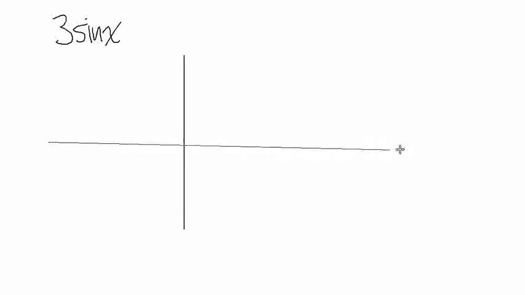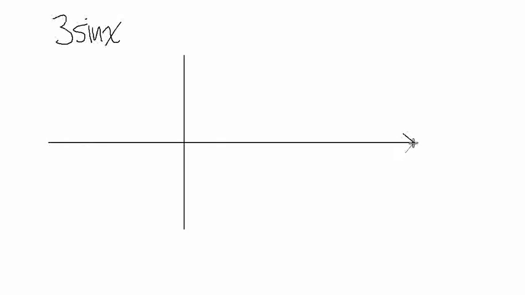Using the information from the previous sketches and knowing what the amplitude and the period of the sine function graph are, you can hopefully see that the graph is going to be stretched in the vertical direction. That's the effect of multiplying the sine function by 3.